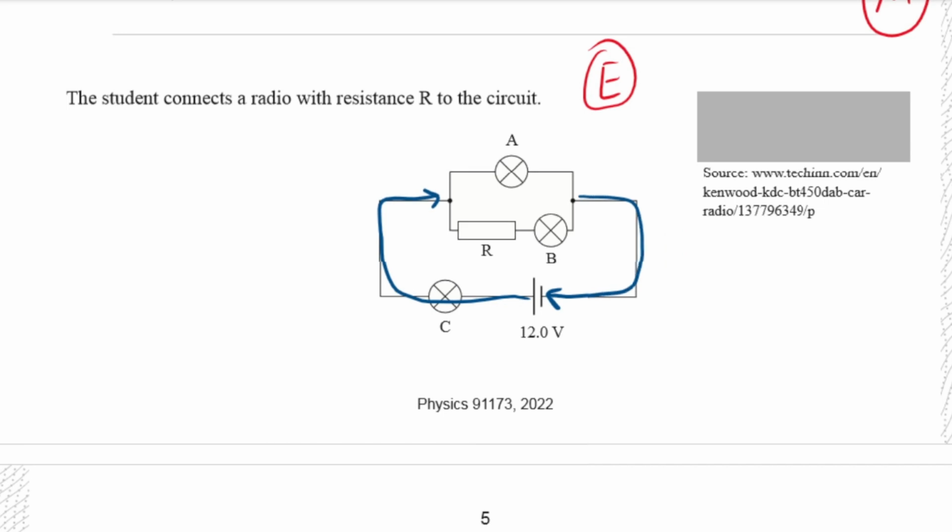Now we need to reason about lamp A. So what's going to happen here? I'll give you a few ways of thinking about it, because this is actually quite a complex problem.